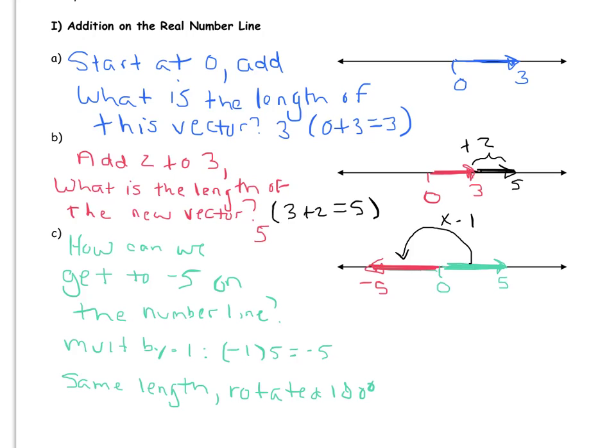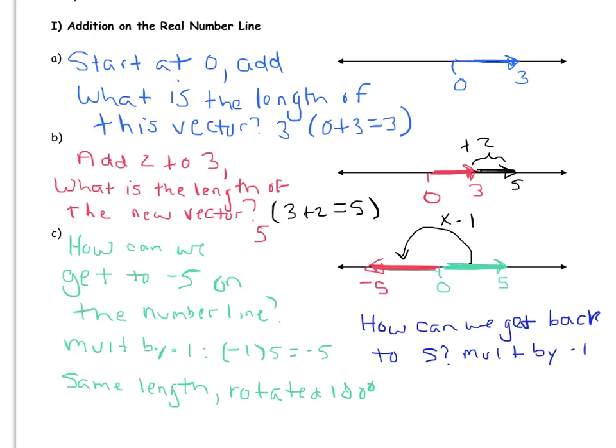Now, as a final thought, let's ask this question. How could we get back to 5 now that we're at negative 5? Well, we would just multiply by negative 1 again, of course.